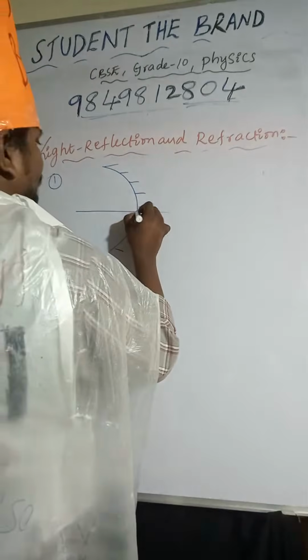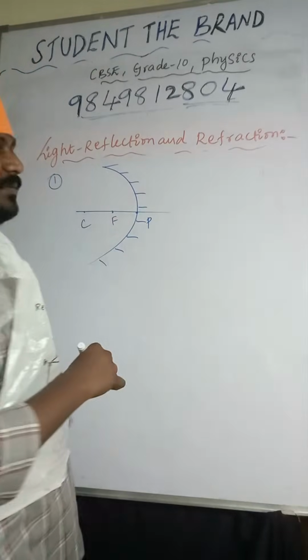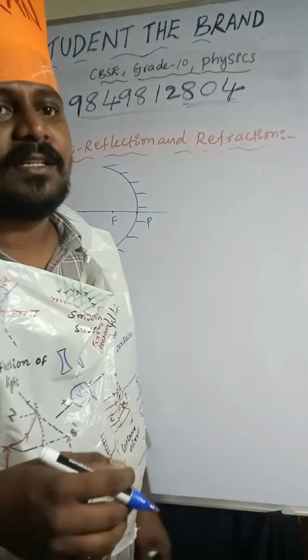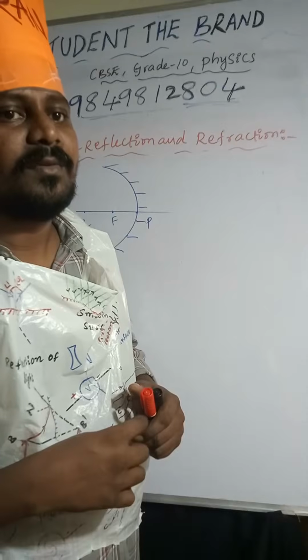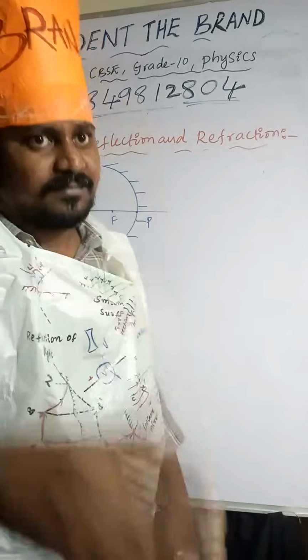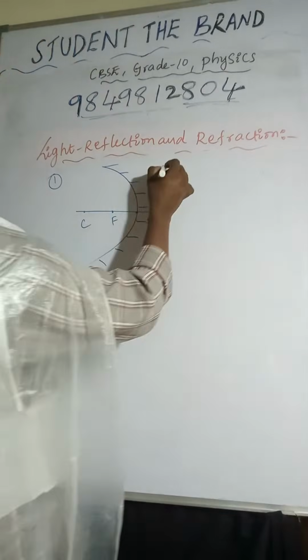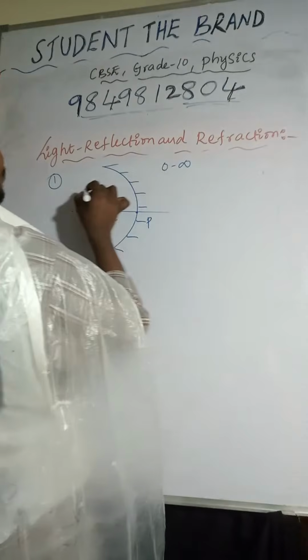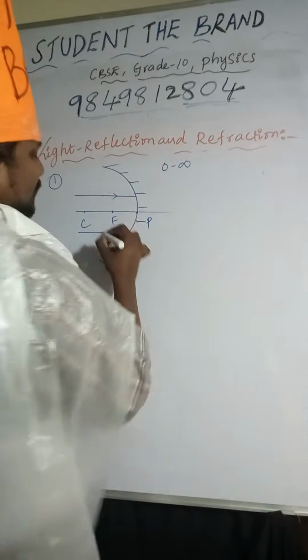So, pole, focus, and center of curvature. The object is at infinity. So, one light ray I am taking like this, another light ray I am taking like this.